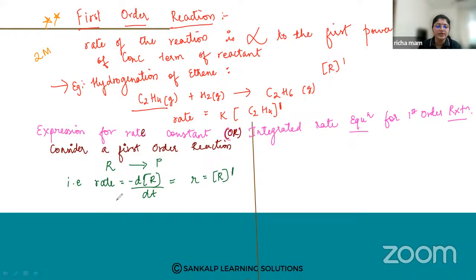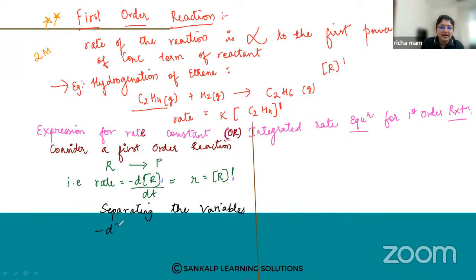So what we are doing? We will separate the terms. Whatever the R terms are, we will take on one side. Separating the variables, we take the variables of the same kind on one side.